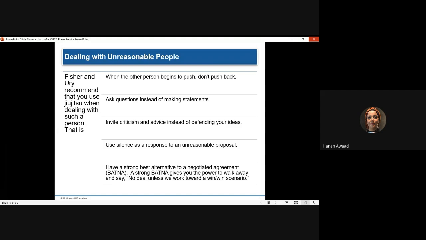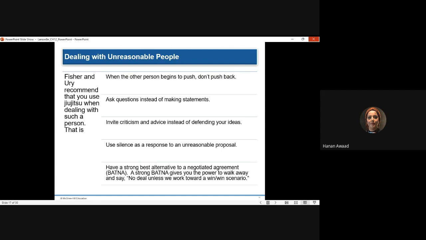Ask questions, and ask more questions. Making statements sometimes aggravates the situation, but asking questions, especially open-ended questions that will require the other party to elaborate more, not just yes or no, or approve or disapprove.